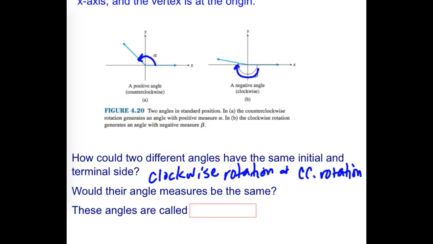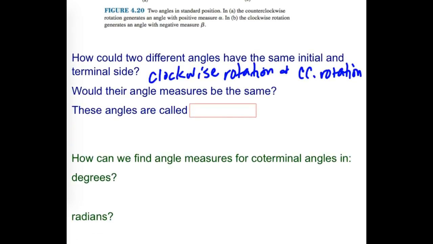Okay. What did we call those? Coterminal angles, yep. So you land in the same spot. Your terminal side is in the same spot. You're just going to it in different directions.